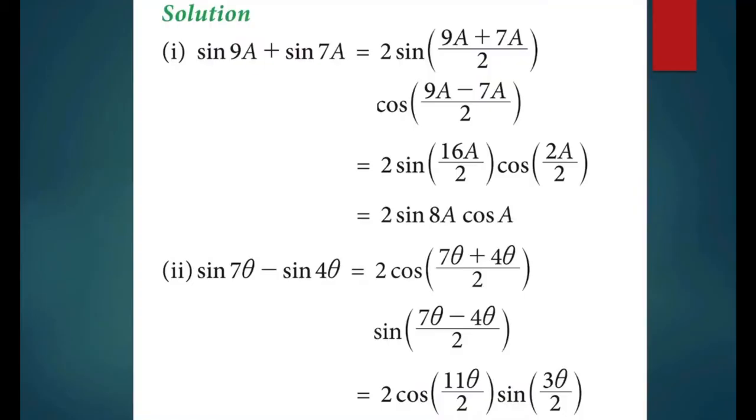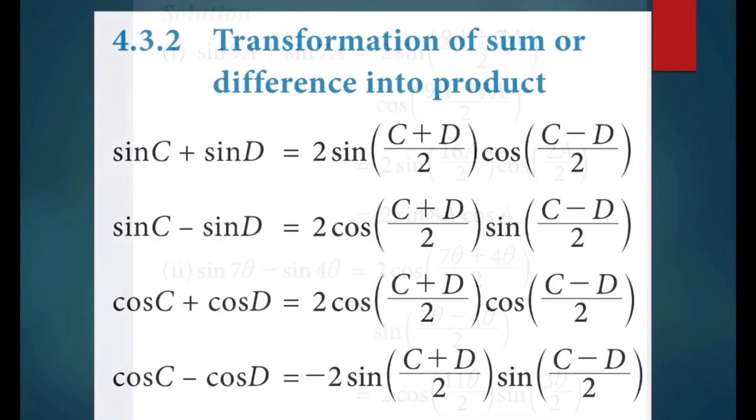the first one, sin 9a plus sin 7a is equal to, okay, so sin and plus, a sum. So which formula can we use? Sin c plus sin d equal to 2 sin c plus d by 2 cos c minus d by 2.